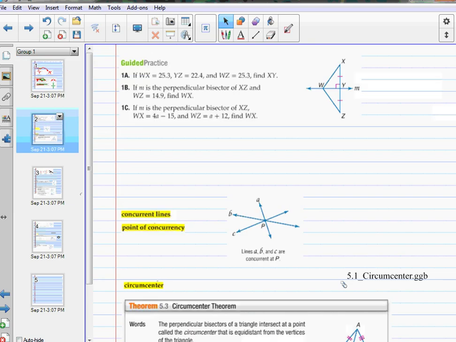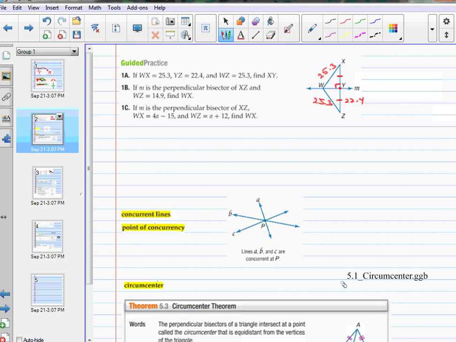If WX is 25.3, now if you look right over here, you should recognize we have a perpendicular bisector. It's perpendicular, it bisects because these are congruent, so that point Y is a midpoint. WX is 25.3, YZ is 22.4, and WZ is 25.3.